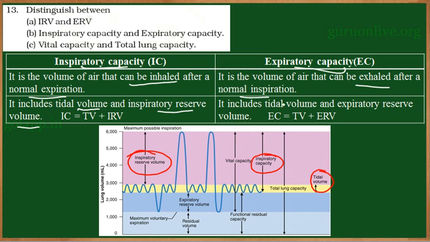So after taking normal inspiration, the amount of air which is given out becomes expiratory capacity, and expiratory capacity is TV, that is tidal volume, plus ERV, that is expiratory reserve volume. So when we add tidal volume and expiratory reserve volume, we get expiratory capacity.